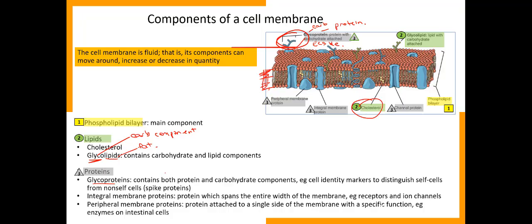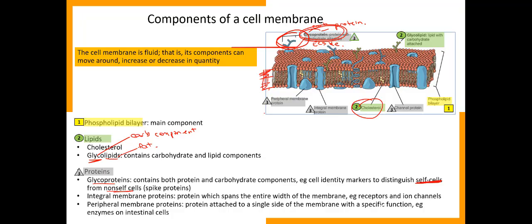You can be type O positive or O negative, type A, type B, or AB. Those types are an indication of the type of glycoproteins attached to the outside of the red blood cells. So again, it distinguishes your cells from other cells. And in the world of COVID that we live in, spike proteins are glycoproteins.